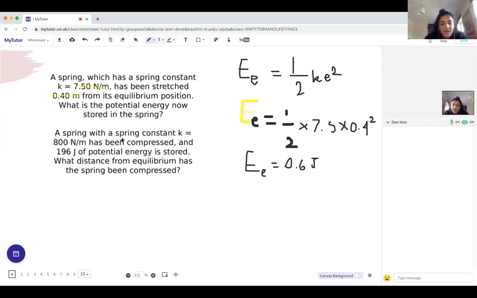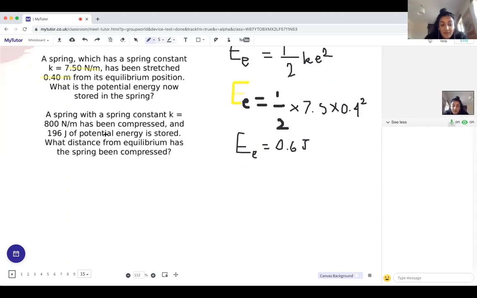And then for the second question, we have been given the spring constant and we've been given the energy. We need to work out the distance. So this one's a little bit more complicated.